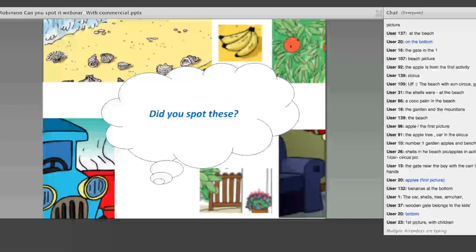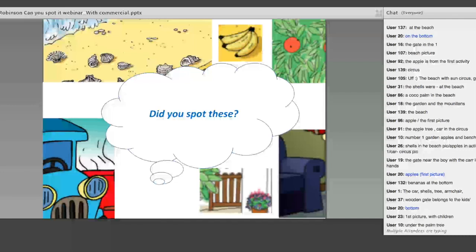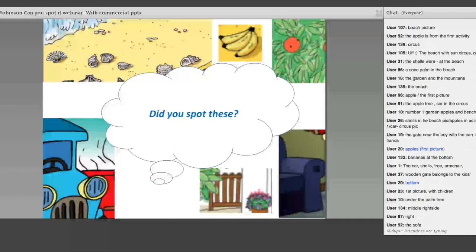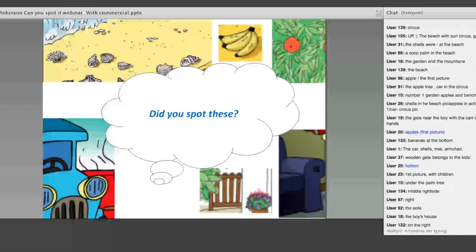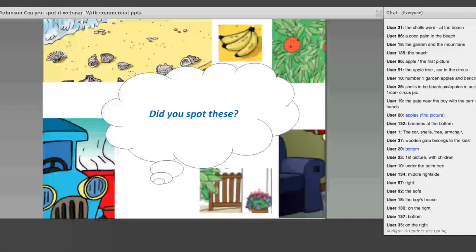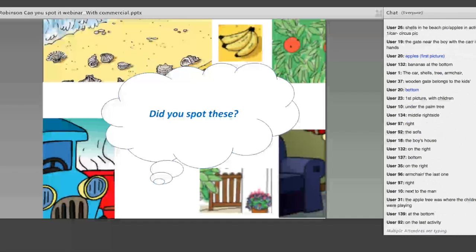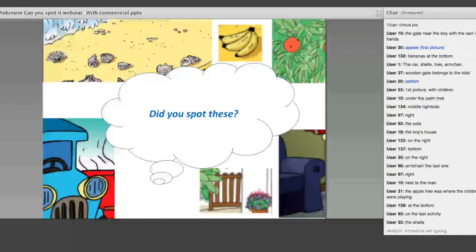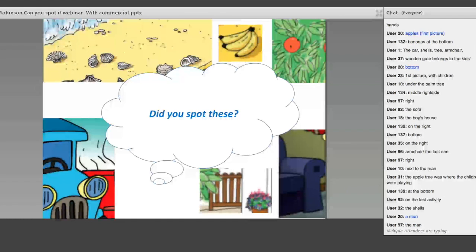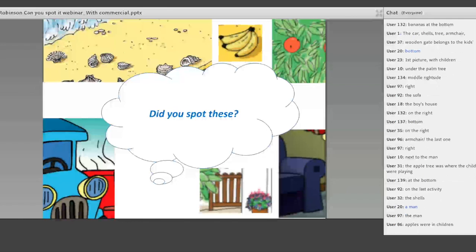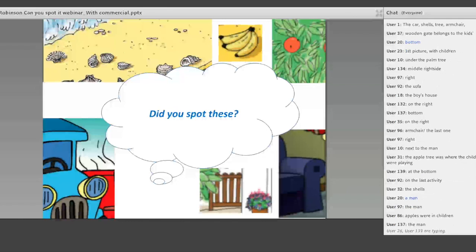They were at the bottom. Yeah, and were they on the right or on the left? Under the palm tree. On the right, yes. And what were they next to? The man, yes, you spotted it very well today.